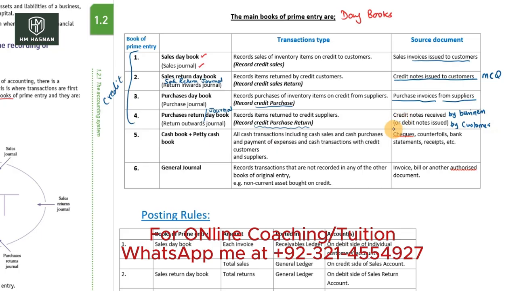It is a source document of purchase return. So if the business receives a credit note, it means purchase return. But if the business issues a credit note, it means sale return. And if the customer issues a debit note, it means purchase return.